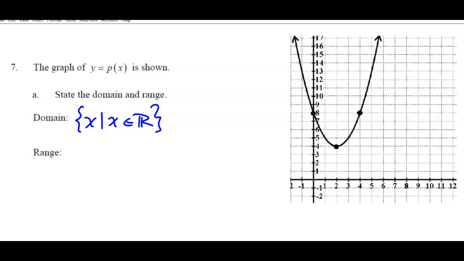Range, look at the vertex. You can use interval notation now that you've learned that. I just use set notation. I'm going to double page this.